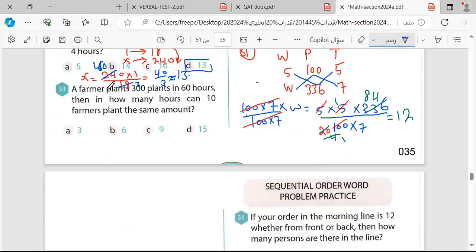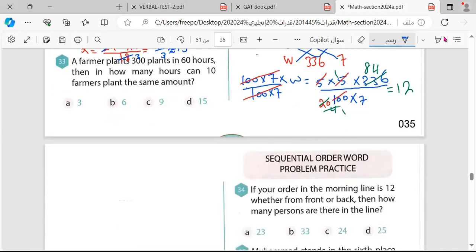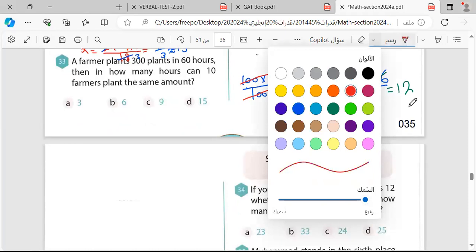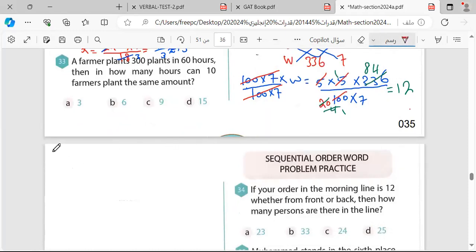Okay, now a farmer plants 300 in 60 hours. We have 33. It tells us farmer, the subject, the object is the plant, and time is hours.